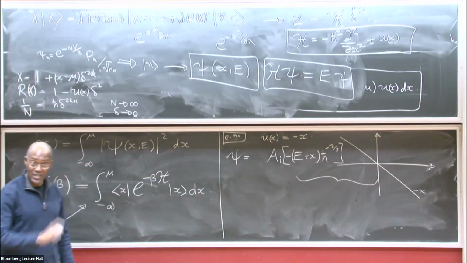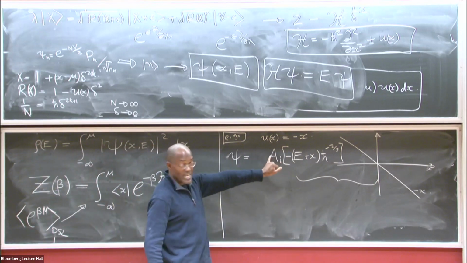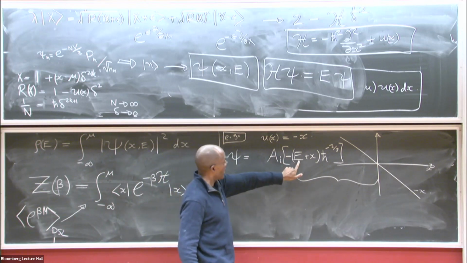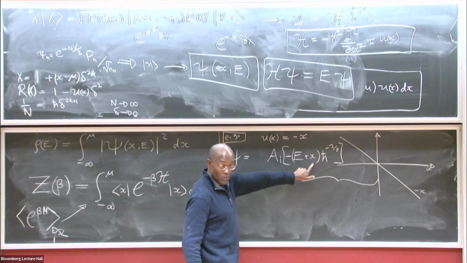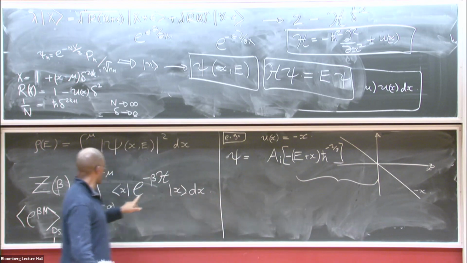And now indeed, the answer to your question, Edward, is if I, for example, just look at the leading behavior of this, which as an Airy function is just 1 over e plus x to the quarter, and then I must square it.